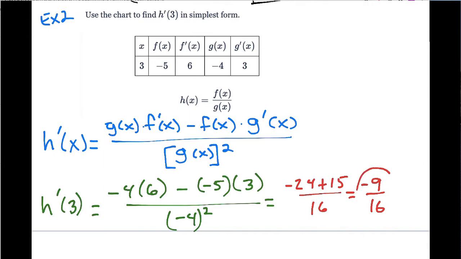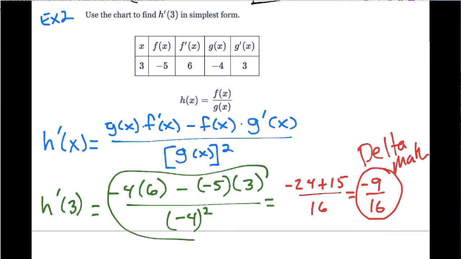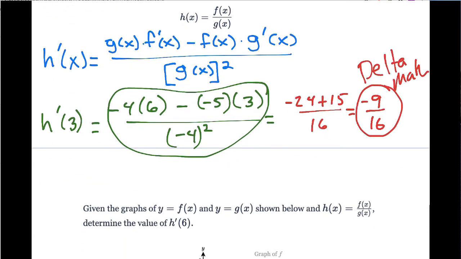So I think this is what Delta Math wants. But I think the AP exam is going to want to see this. So for AP Classroom, you're probably going to want to leave it the way it is. On their FRQs. For Delta Math, they're going to want you to get it down to negative 9/16, and I can't think of how I would reduce that, so that one wouldn't reduce.